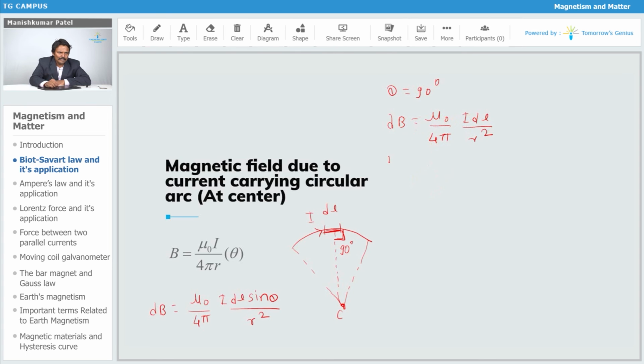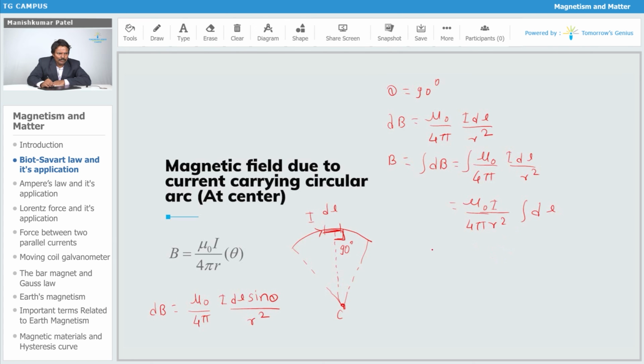So basically the value of B is now the integration of dB, which is the integration of mu 0 upon 4 pi, I dl upon r square. Here mu 0 upon 4 pi r square is a constant, I is also constant, and this is the integration of dl.